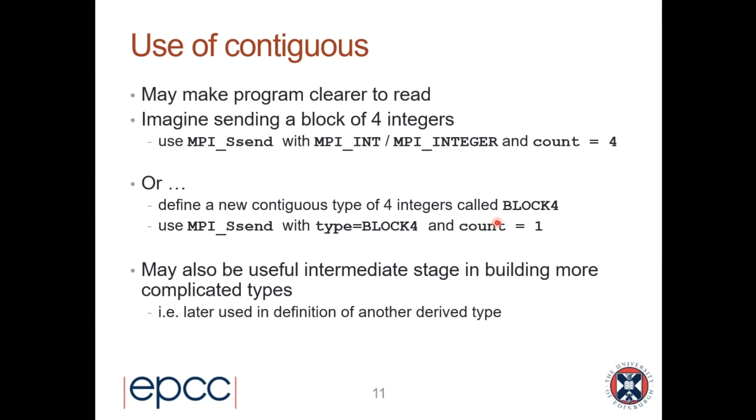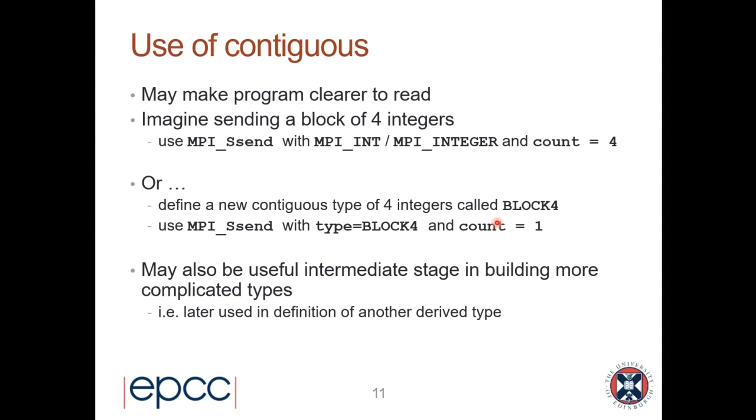And this explains a question that someone had from the previous lectures, where surely they said send count and receive count should be the same when you do a scatter. Well, not necessarily, because I could do an MPI scatter with send type of 1 block 4 and receive type of 4 integer, and that's completely legitimate because they match. A block 4 contains 4 integers.